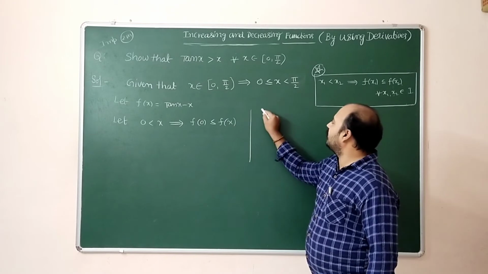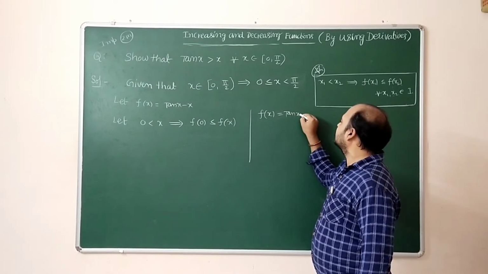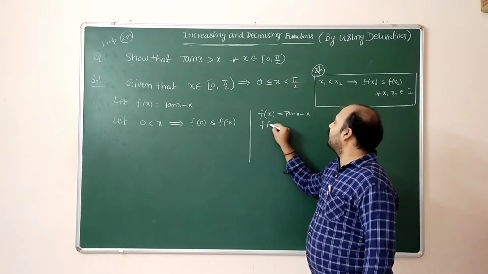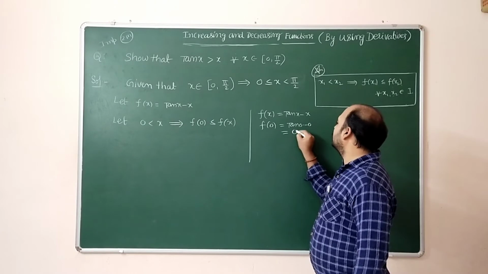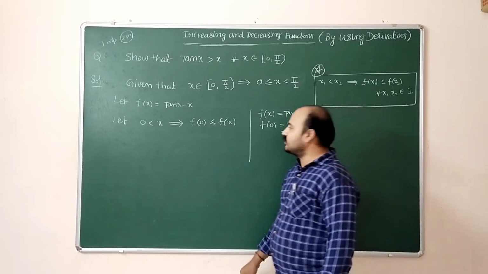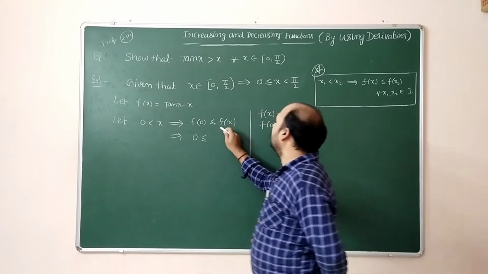Now calculate f of 0. f of x is equal to tan x minus x, so f of 0 equal to tan 0 minus 0. Tan 0 is 0, so 0 minus 0 is 0.